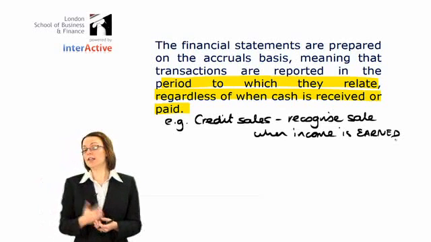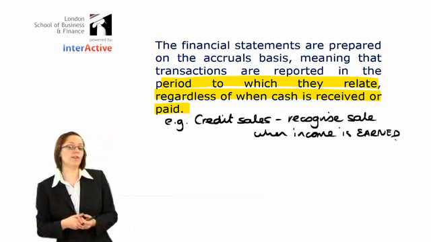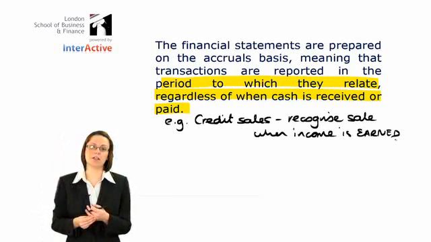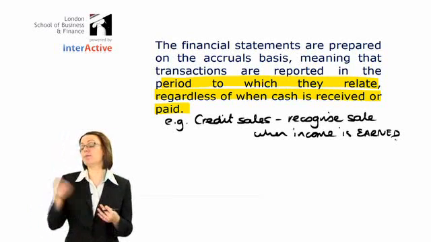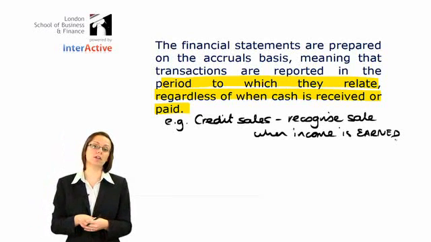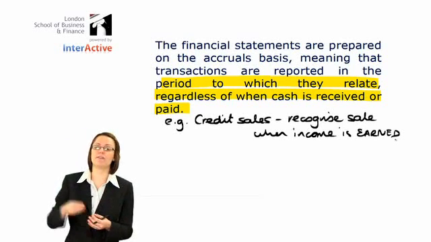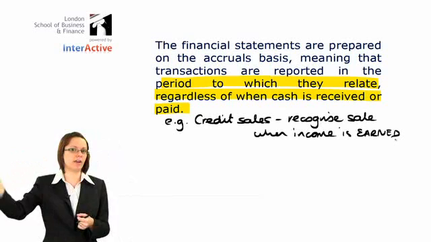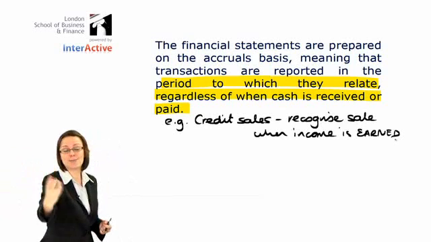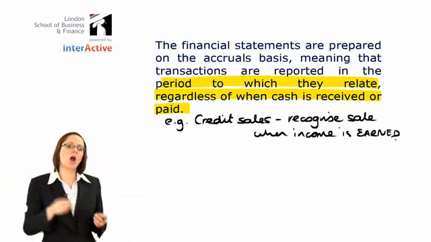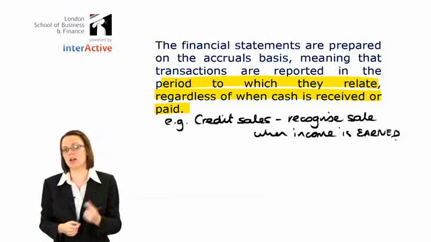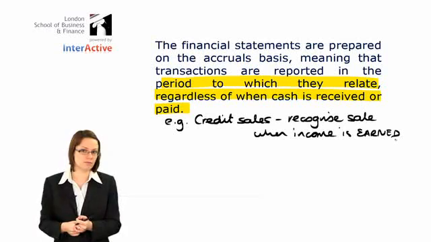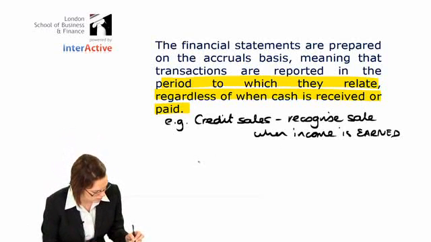Now the same thing could go with if we purchase goods on credit. So I purchase some goods from a supplier and I promise to pay them later. Well, I don't wait until I've physically paid the supplier to recognise the cost or the expense of that purchase. I recognise that purchase now once I've incurred that expense. So, purchases on credit.